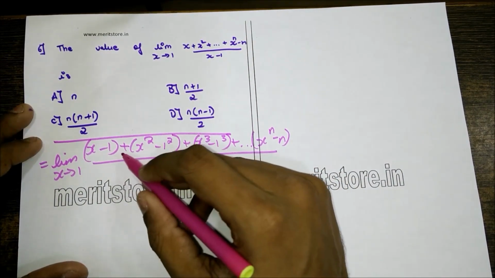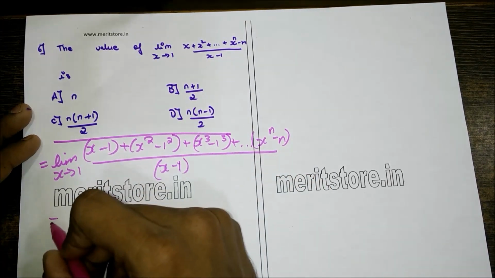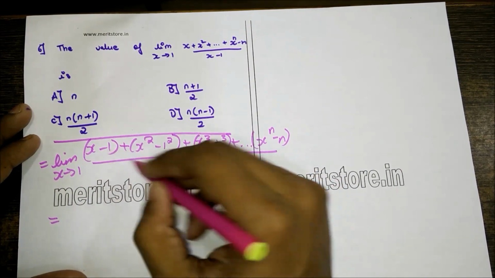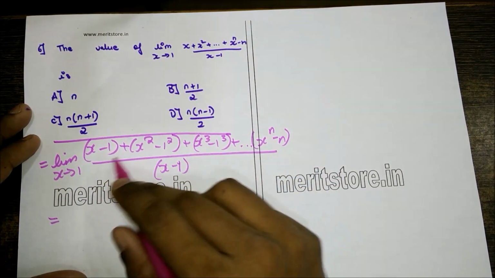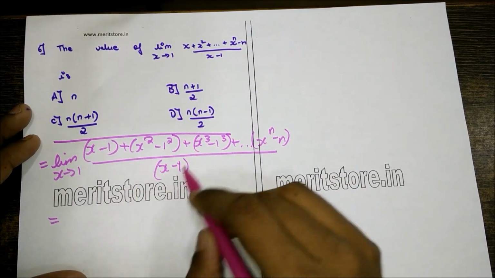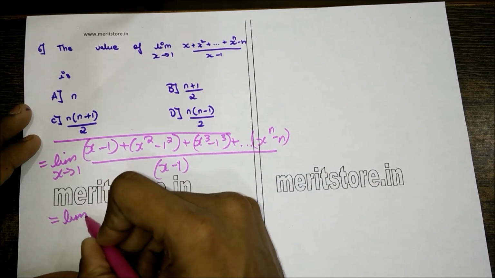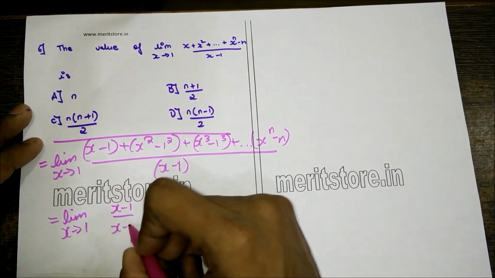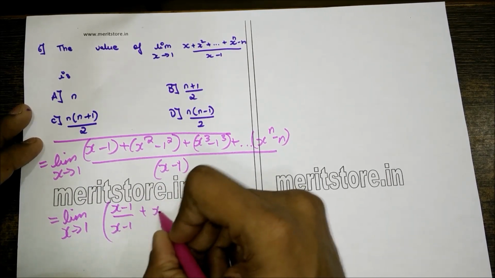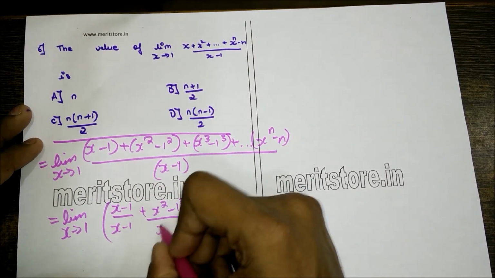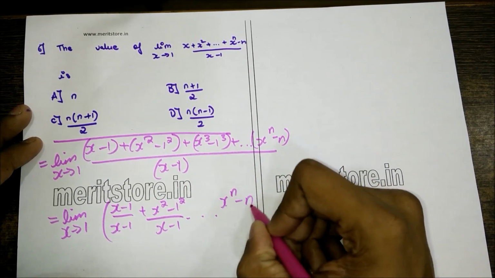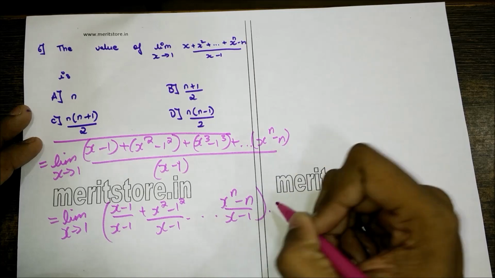Now you can see these terms are similar and we'll try to cancel them out. So we'll take each individual numerator with this denominator, giving us limit of x tends to 1 of (x minus 1) upon (x minus 1) plus (x square minus 1 square) upon (x minus 1) and so on till (x raised to n minus n) upon (x minus 1).